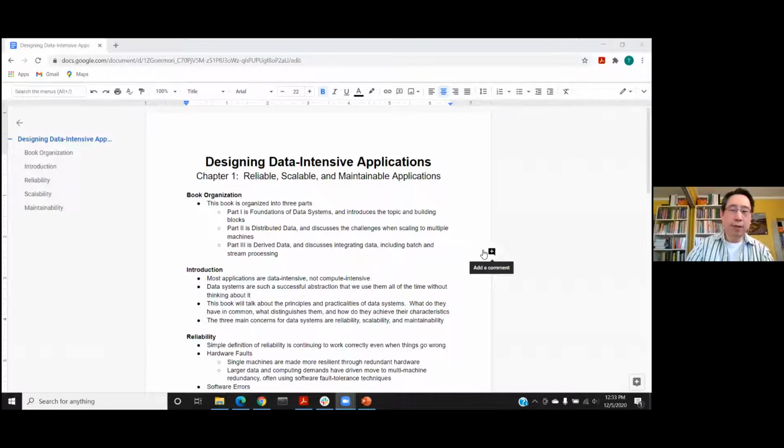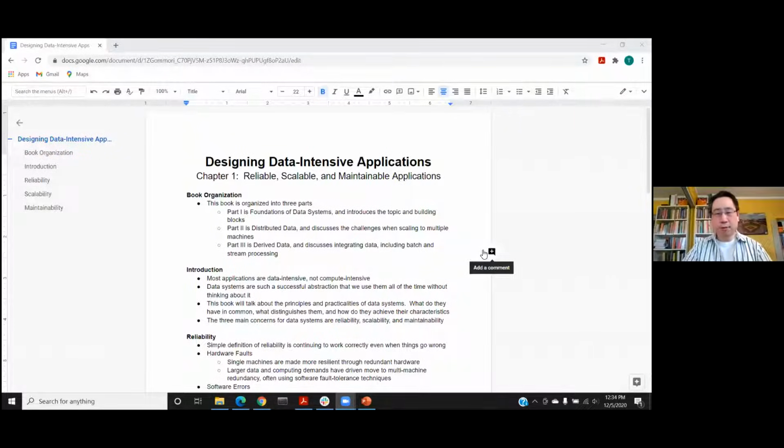So looking ahead, the way the book's organized, there's three parts. The first part is foundations. Chapter one, he introduces the topic and then he goes into building blocks. You look at data models and then how do you actually store things in terms of being able to find things on disks, and then even further down a layer, how do you exactly encode information when you're storing it, right?